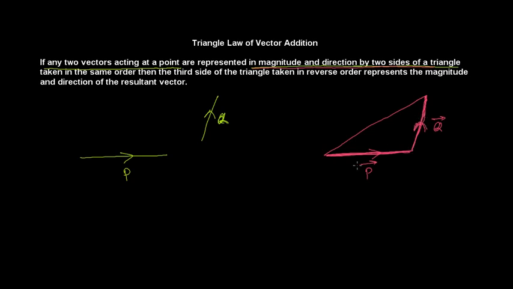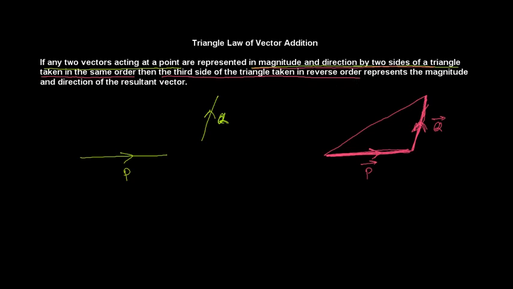So these two vectors p and q represent the two sides of the triangle in magnitude and direction. Now taken in the same order, from tail to head and again from tail to head, one is followed by another. Then the third side of the triangle is taken in reverse order.